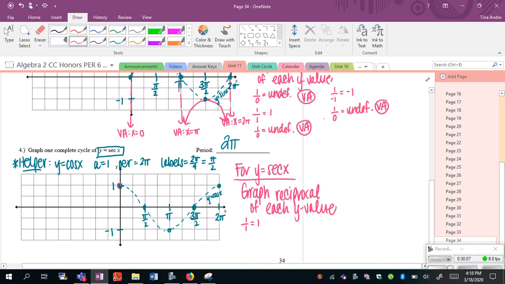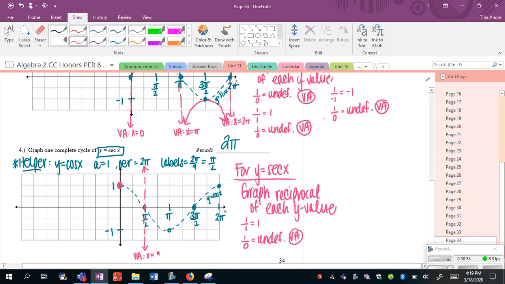So that means I'm going to plot that point. Then when I'm at 0, that means the reciprocal of 0 is 1 over 0, so now I'm at undefined, which means I have a vertical asymptote. So you don't really have to know the values for secant, you just have to be able to find the reciprocals of the cosine values. That's all it is. That's the nice thing about secant and cosecant.